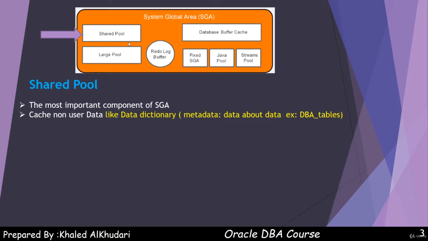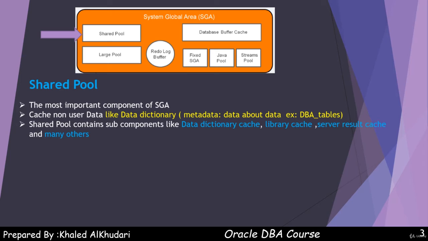That's it. We cache the data dictionary into the shared pool for performance. The shared pool contains subcomponents like the data dictionary cache, library cache, server result cache, and many others. No need to go deeper about this.